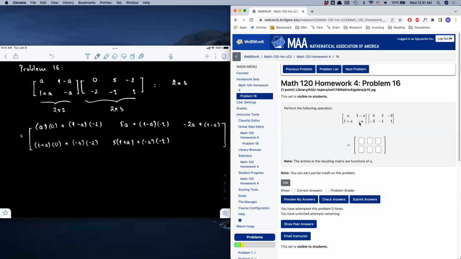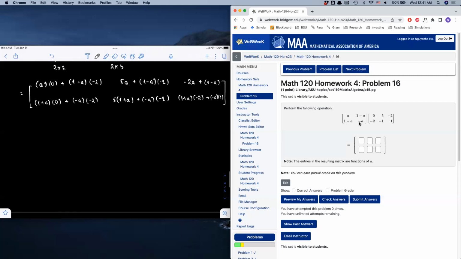And then the last entry is, let me be careful here, 1 plus A times negative 2 plus negative A times 1. So the answer should be, this entry is negative 2 times 1 minus A.